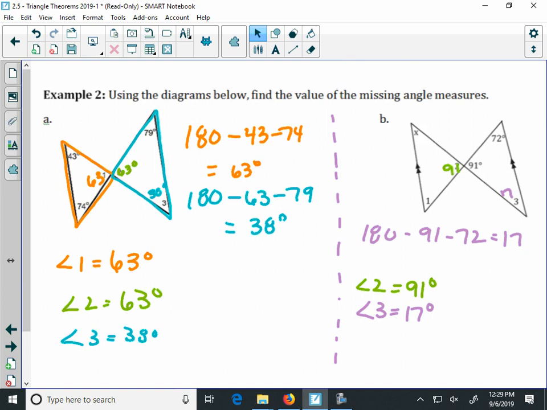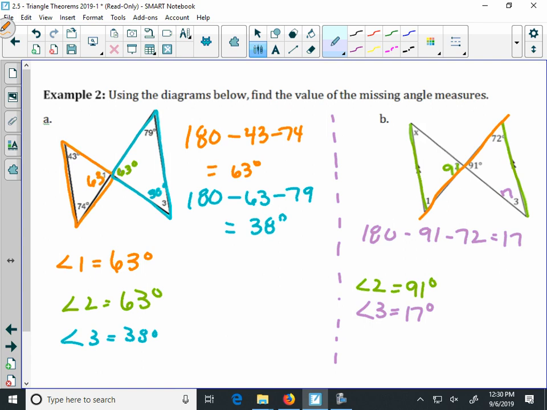What is it? Parallel. Arrows on sides mean they are parallel to each other. So these two lines are parallel, and if it helps, I'm going to darken them. These two lines are parallel to each other because they have arrows. This middle line right here is acting as a transversal.